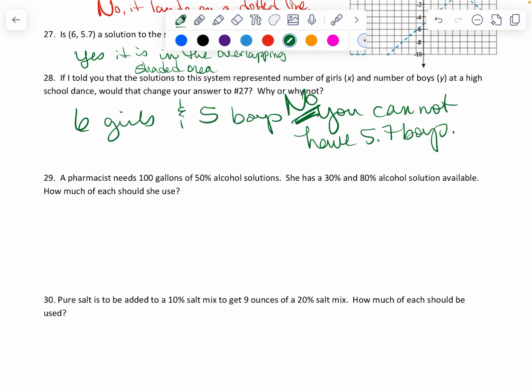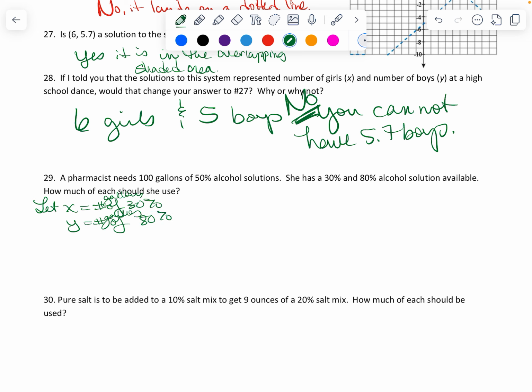The pharmacist needs 100 gallons of 50% alcohol solution. She has 30% and 80% solutions available. So let X equal the number of gallons of the 30%, Y equal the number of gallons of the 80%.